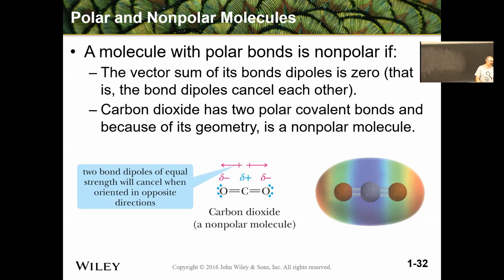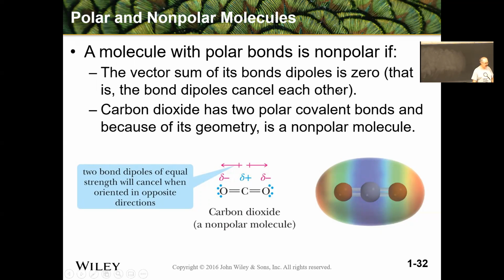Okay, next we'll look at polar and nonpolar molecules. Last time we talked about polar and nonpolar bonds, which we could designate by differences in electronegativity. In this example, carbon dioxide, the CO double bond is very polar.